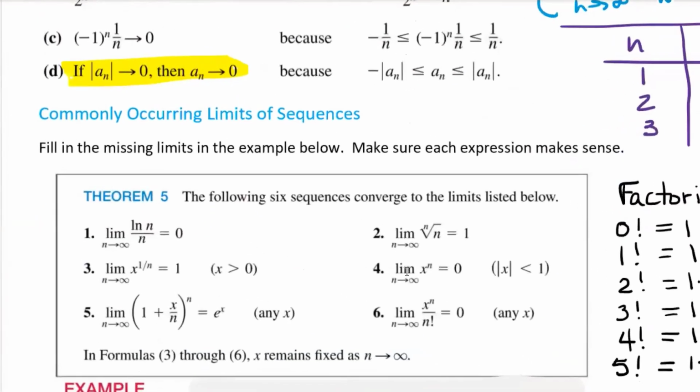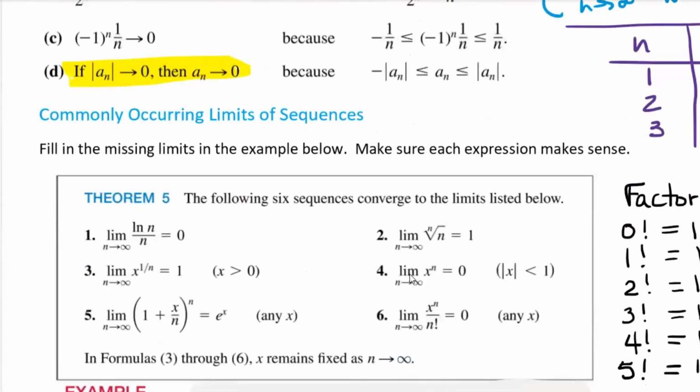So that's number 1. Natural log of n over n converges to 0. And then another one is the nth root of n converges to 1. The limit as n goes to infinity of x to the 1 over n converges to 1 as long as x is some positive value.